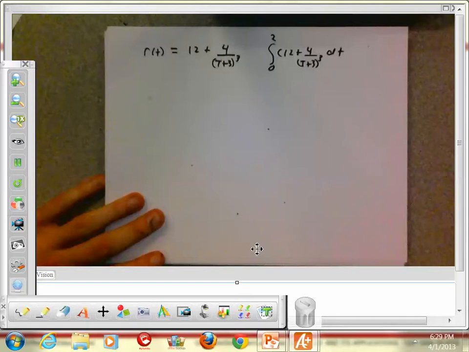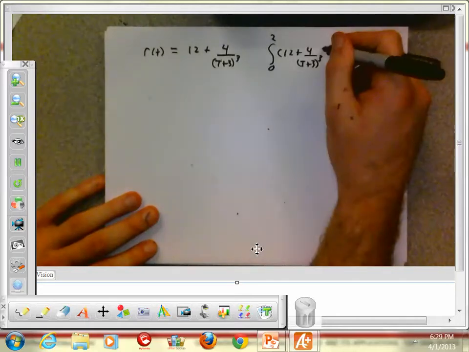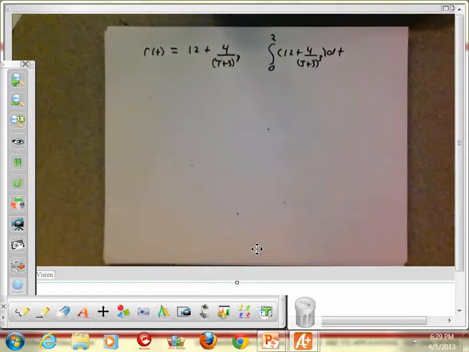So if I do this, what does the fundamental theorem of calculus say? What did we do? How do I solve this? Find any antiderivative.